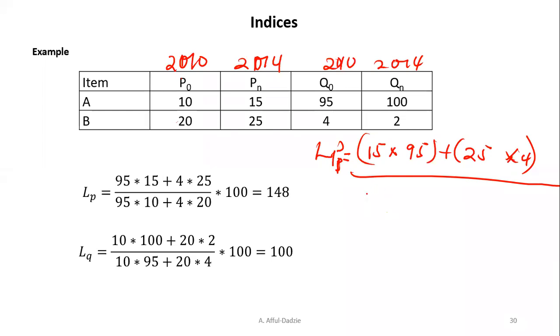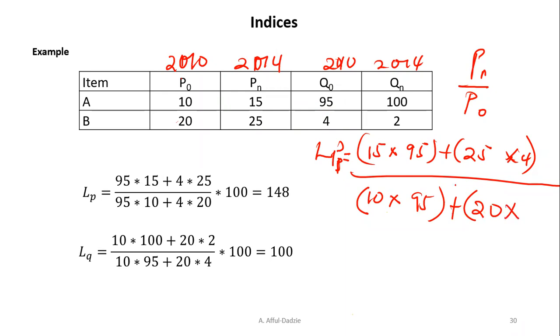So here you're going to have 95 multiplied by the base price. Remember the formula is Pn over P0, so you come again to the base price, which is 10. The base quantity still remains the same; that is still the weight, so you multiply by 95. Then again, the base price multiplied by the base quantity, which is 4. When you're done, you multiply everything by 100.